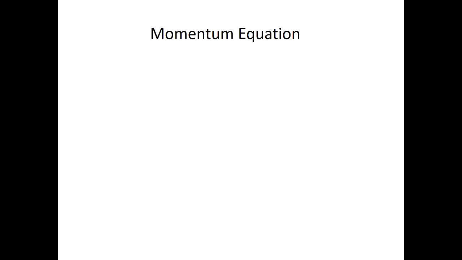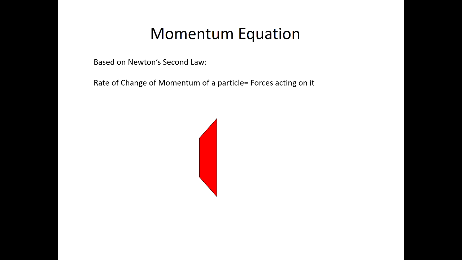Now we are going to develop a momentum equation. Unfortunately, since everything is tangent to the streamline, nothing is perpendicular to the streamline, we are able to develop a momentum equation for now only along the stream direction. So this is a slice of that stream tube. We are going to apply the momentum equation based on Newton's second law, which says the rate of change of momentum of particles is the forces acting on it.